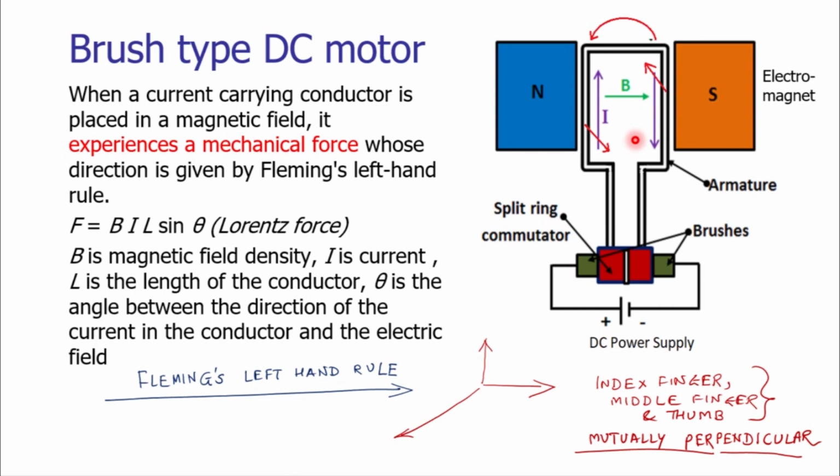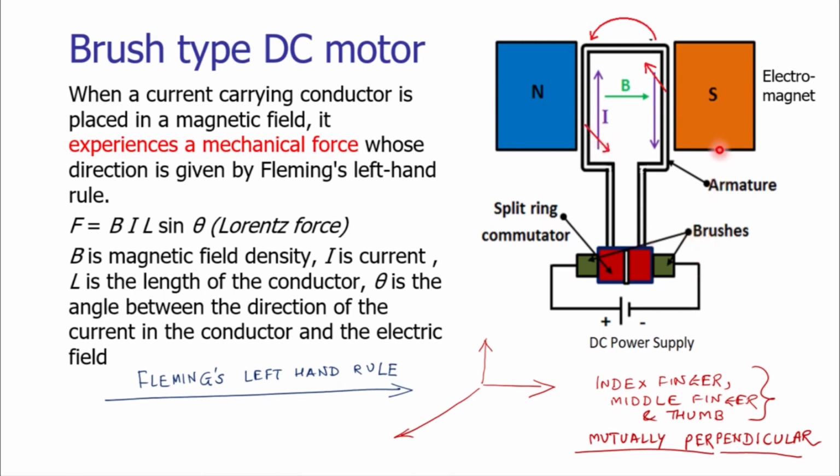Due to the interaction of the electrical field and the magnetic field, a force will be applied on the current carrying coil, along the thumb direction, which would be downward. So if you hold your left hand with the index finger along the B direction and the middle finger for the I direction, current direction, the thumb will point down, and that represents the force acting on the current carrying coil.